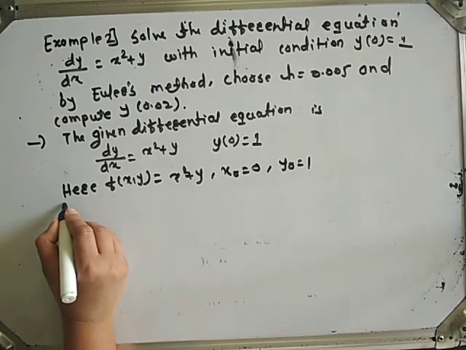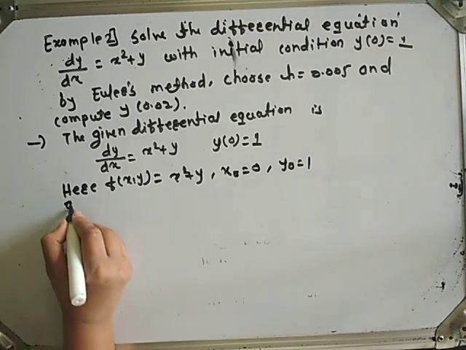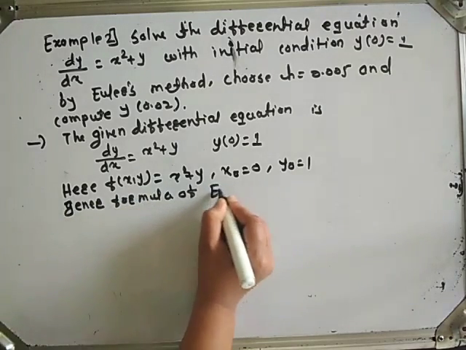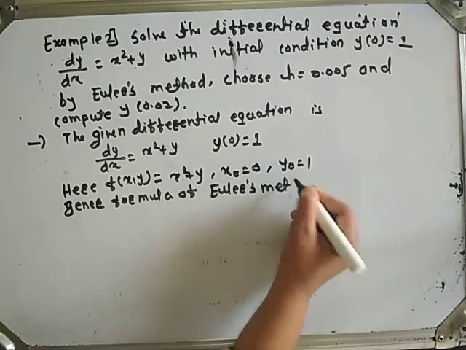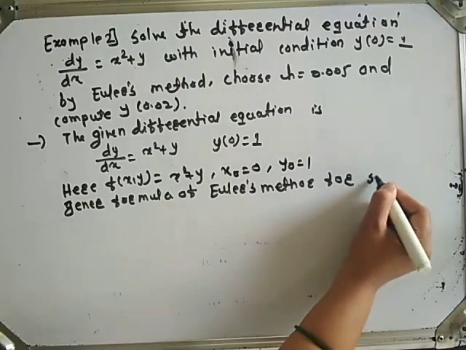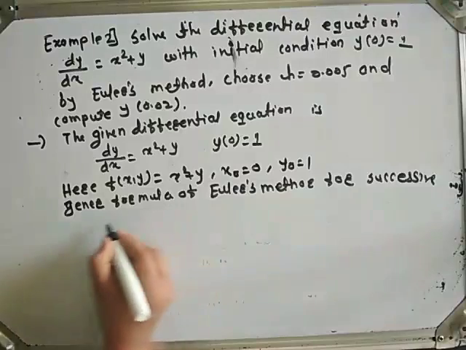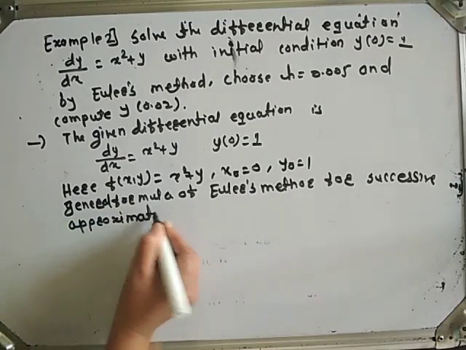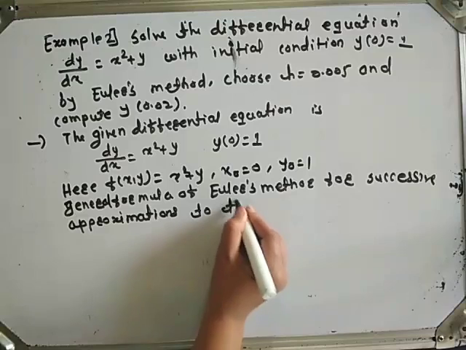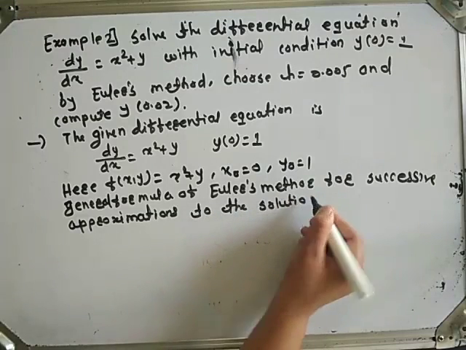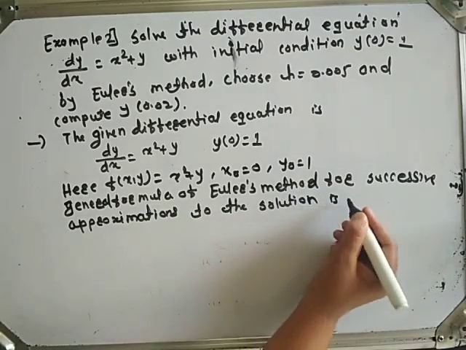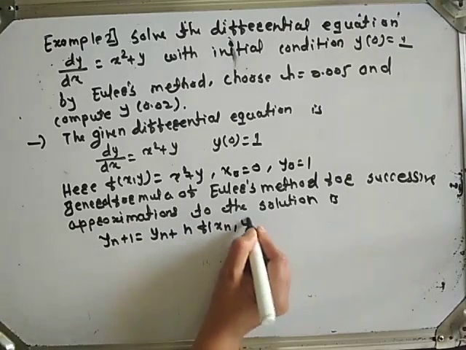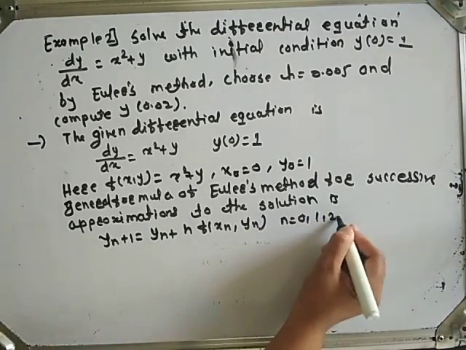The general formula of Euler's method for successive approximation to the solution is y n plus 1 equals y n plus h into f of x n comma y n, where n runs from 0, 1, 2 and so on.